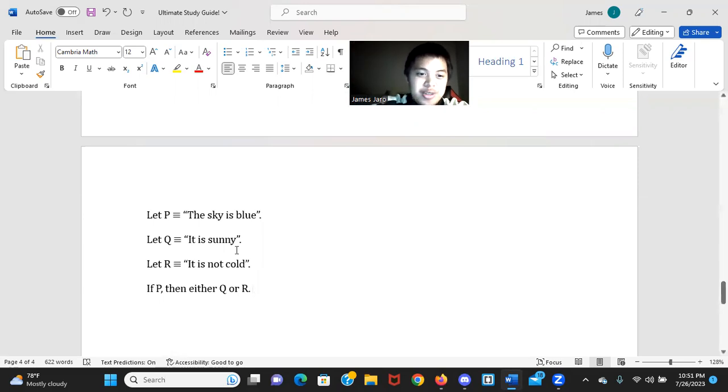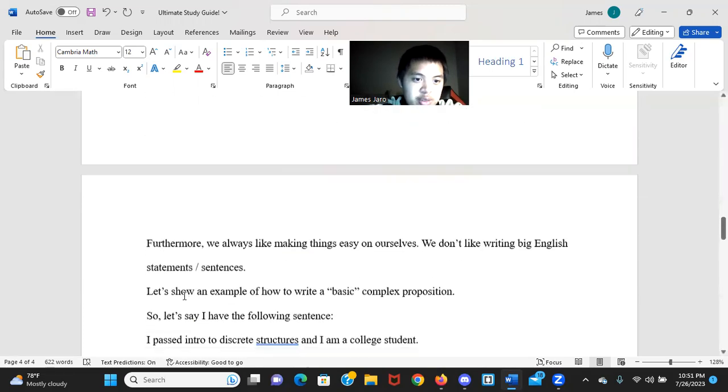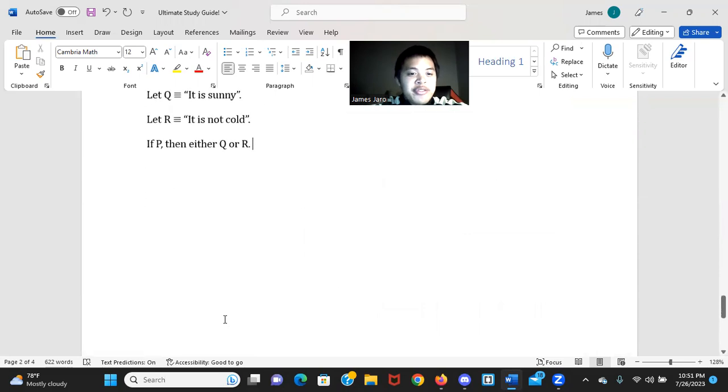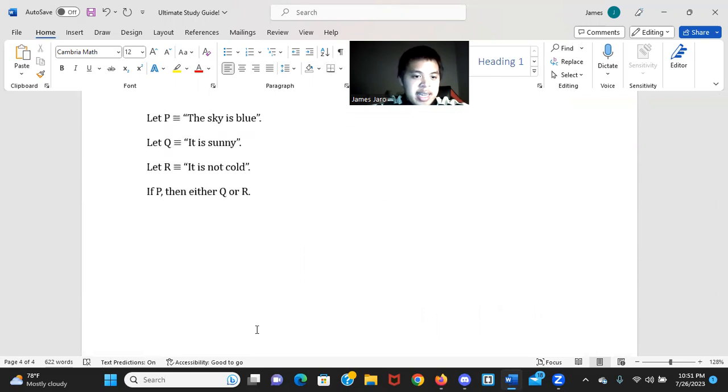So notice that this time there's this if-then statement. Well, that is a sign that we should use the right arrow, which is the implication symbol. So really, what we can say is that P implies either Q or R, but or is the V symbol.